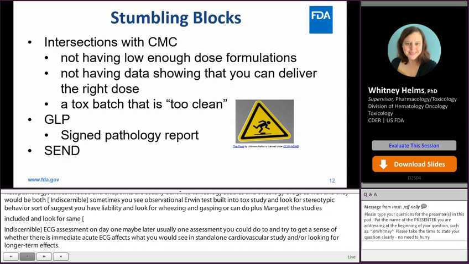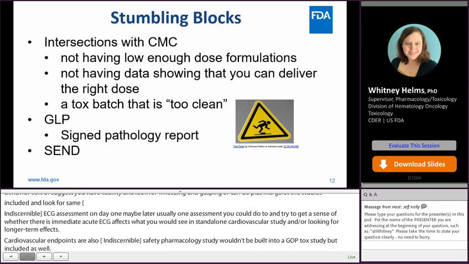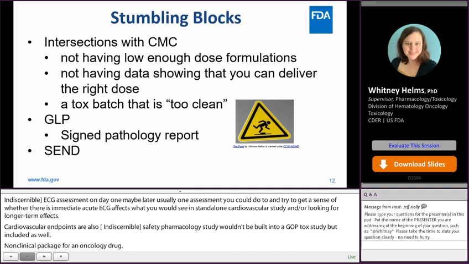So what are some of the stumbling blocks for your initial IND? Well, one of the ones are the intersections of PharmTox and CMC.